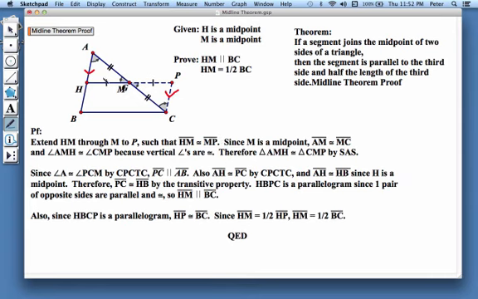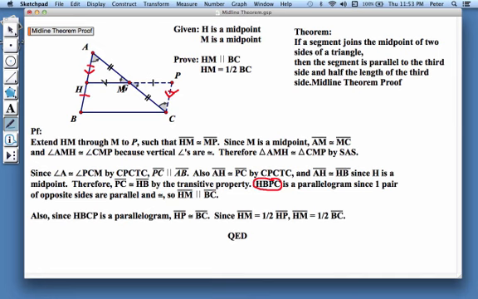Also, AH is going to be congruent to PC by CPCTC. Since H is a midpoint, HB is also going to be congruent to PC by the transitive property. So, since I have HB parallel and congruent to PC, I know that HBC is a parallelogram.